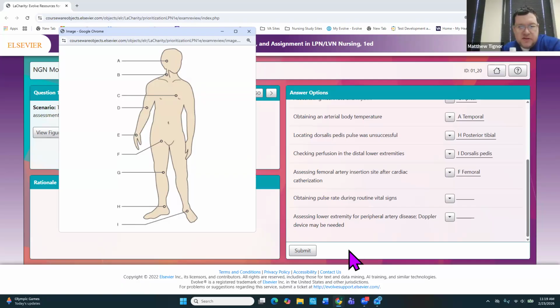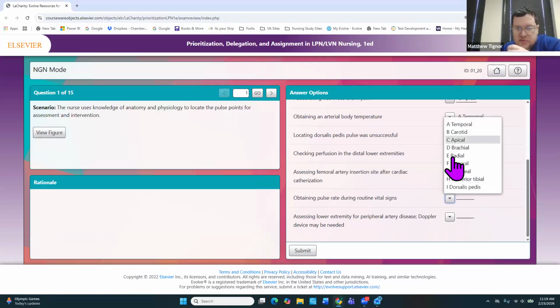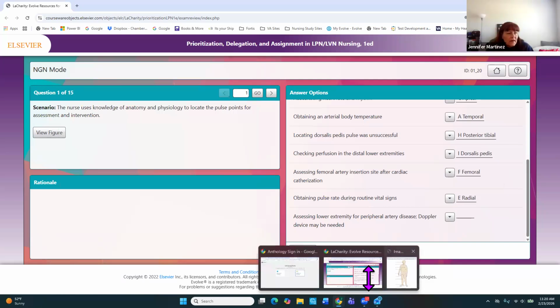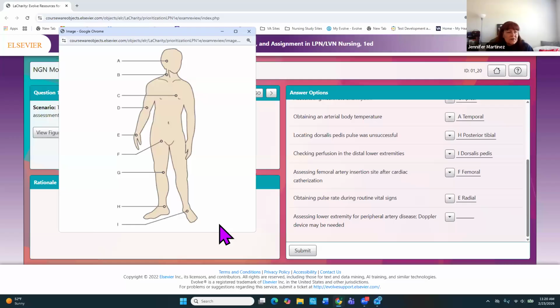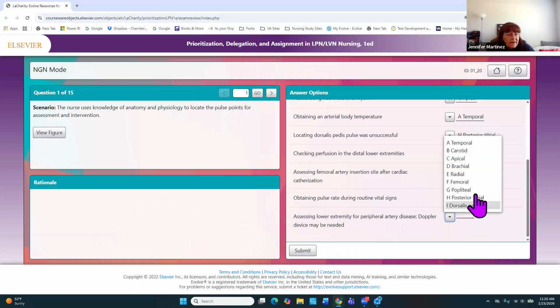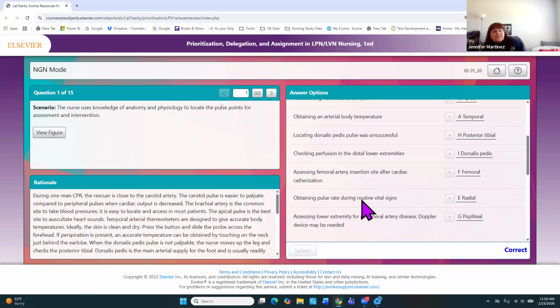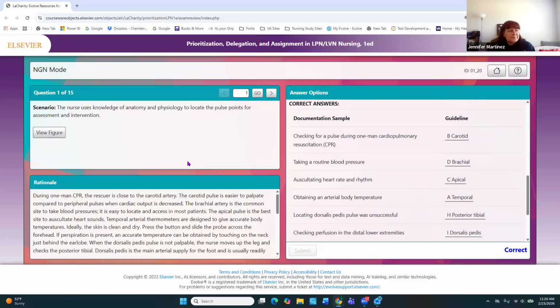E. And then assessing lower extremity for peripheral artery disease, Doppler device may be needed. I think G was the last option. Yeah, I think that's the last one we got. All right, here we go. Good job.